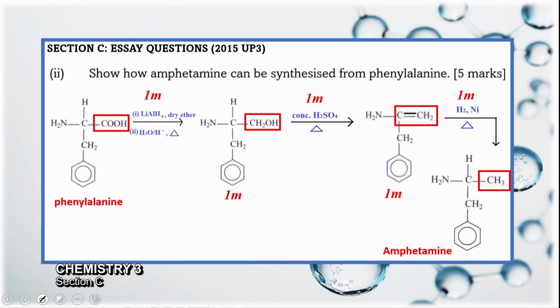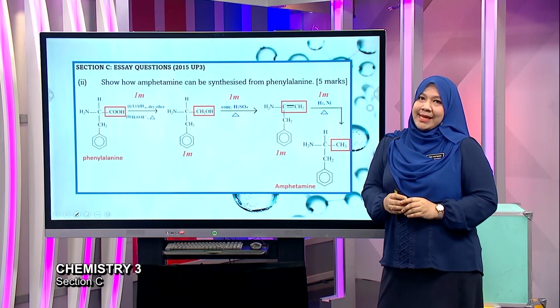So that will give you another 1 mark due to the correct reagent and condition. However, once you draw the structural formula of amphetamine, which is the final product, there is no mark allocated for the structural formula of amphetamine.